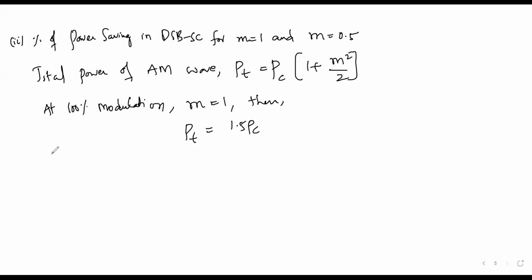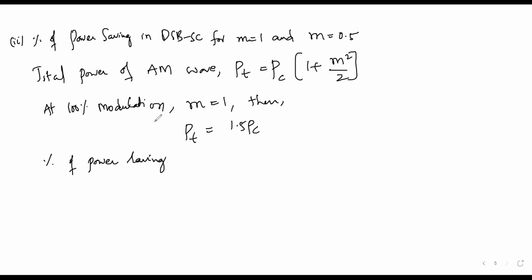And from this, we have to calculate the percentage of power saving. From this equation, we came to a conclusion that around 67% is wasted by the carrier because it is taken by the carrier out of the total power.